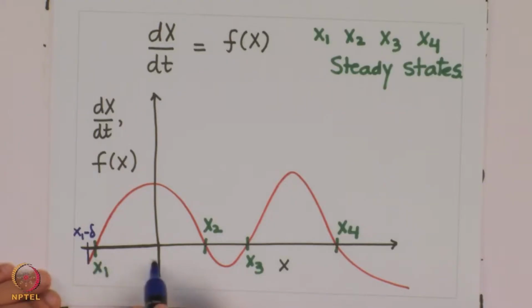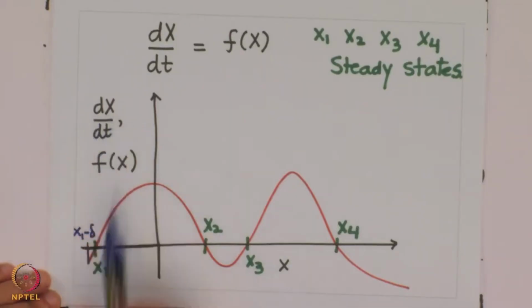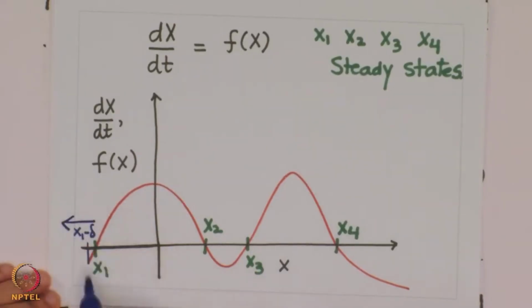If dx by dt is less than 0, it means as t increases x decreases, which means as I go forward in time from this point onwards, x moves in this direction. So you can see that the system is moving away from the steady state from where we introduced the disturbance, and hence it seems to be unstable in this direction. What about the other direction? Now we introduce a disturbance to the right, which is x1 plus delta.